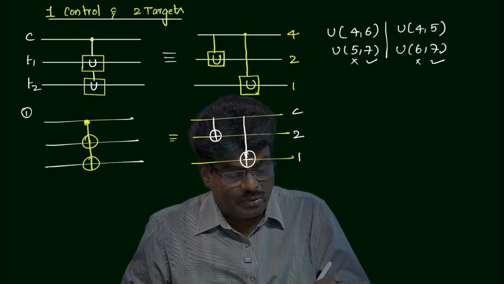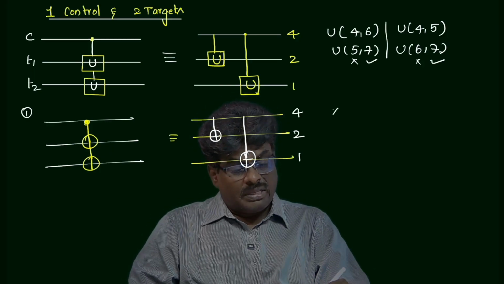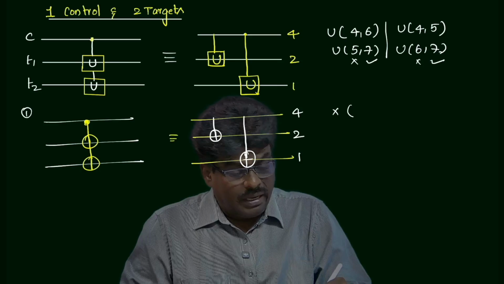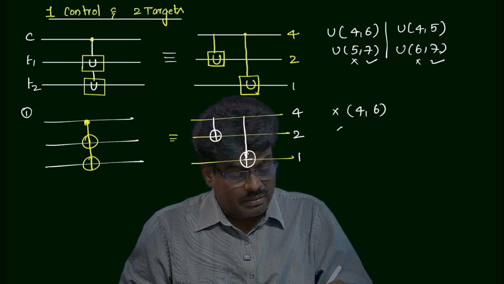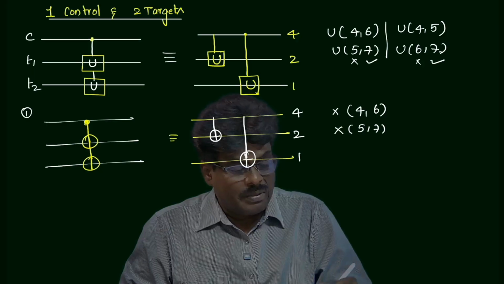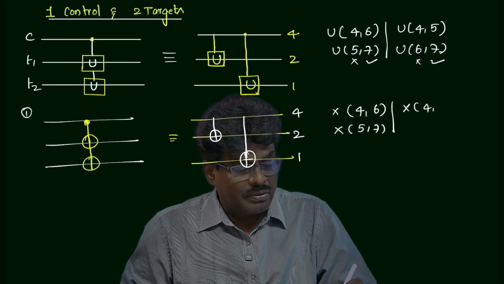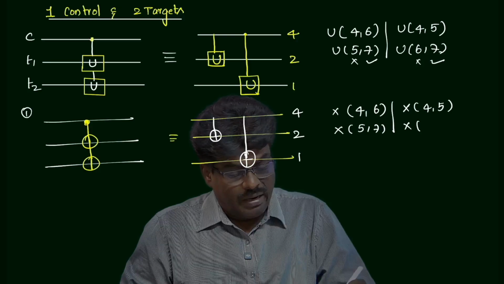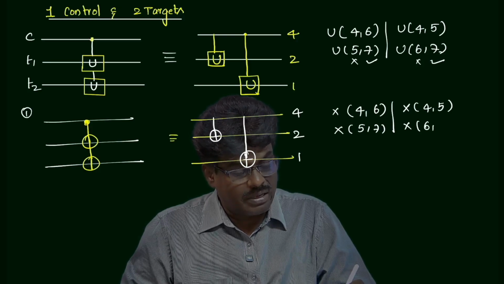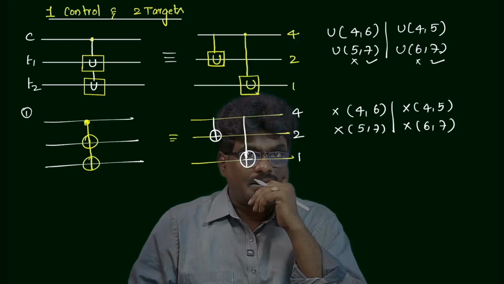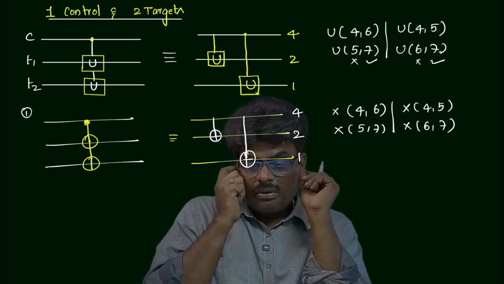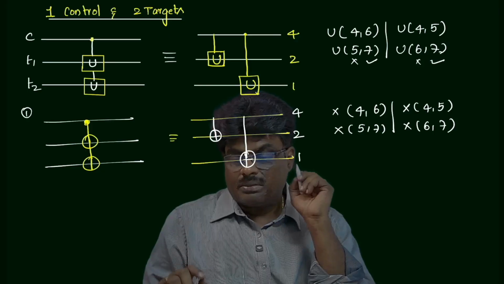So 1 2 4. Okay, so please take the first operation, that is X 4 comma 6, add 1, 5 comma 7, next 4 comma 5, add 1, 6 comma 7. That's it. Okay, so now here I will tell you a small technique.